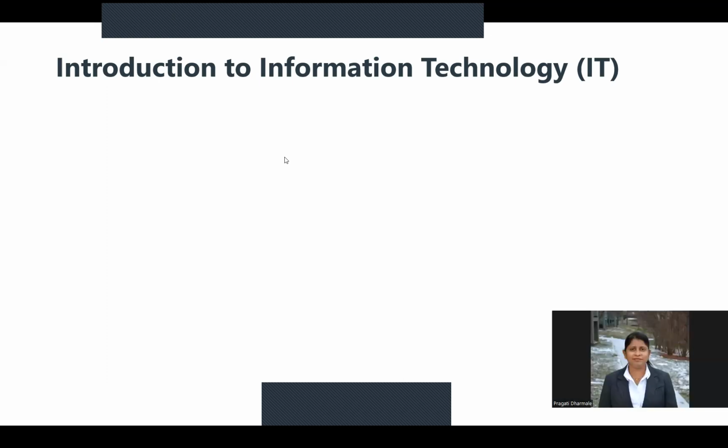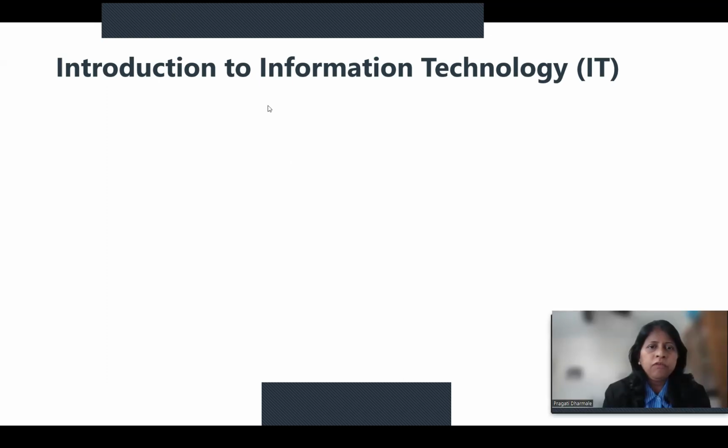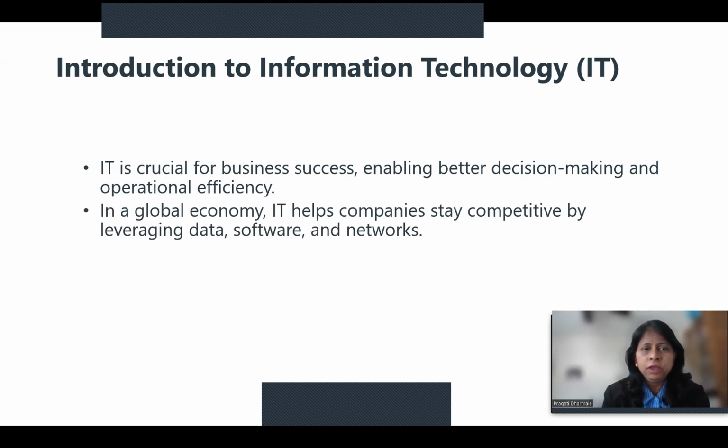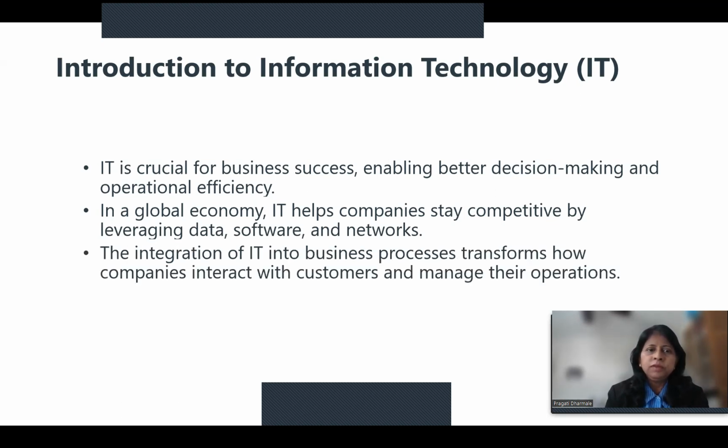So if we have to take the key points of IT, it is crucial for business success, enabling better decision-making and operational efficiency. In a global economy, IT helps companies stay competitive by leveraging data, software, and networks. The integration of IT into business processes transforms how companies interact with customers and manage their operations.